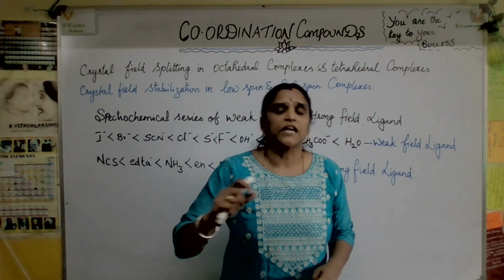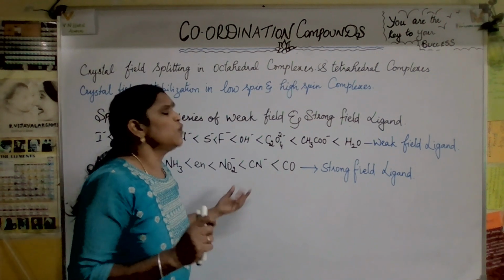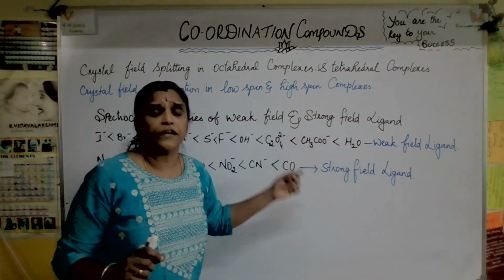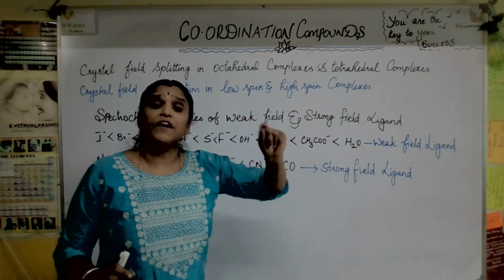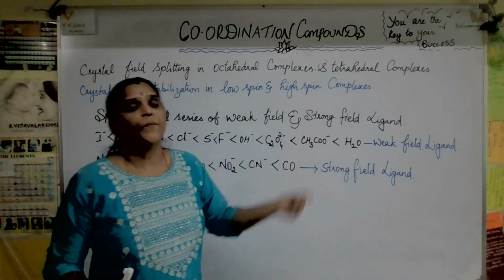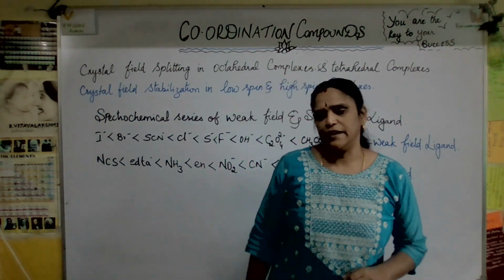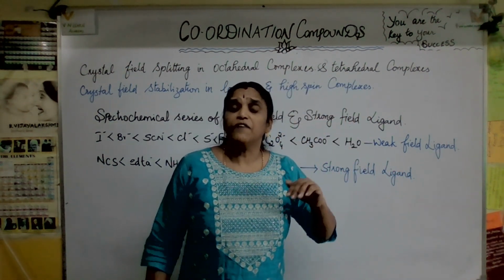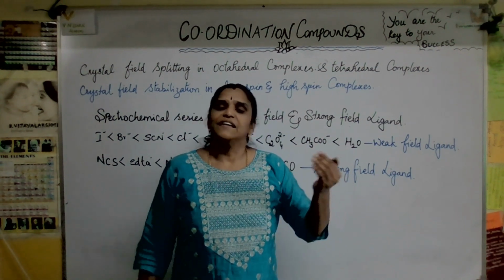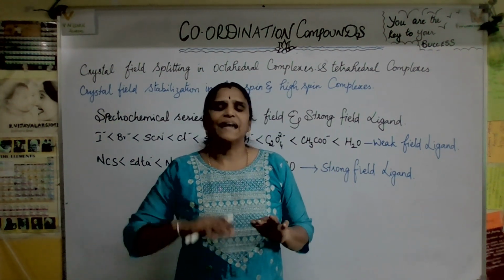Through that we can very easily identify weak field or strong field, and whether a complex is low spin or high spin, from the spectrochemical series of weak field and strong field ligands. Now, as we have gone through VBT, crystal field theory is also related to that point, but it is described in a different way.